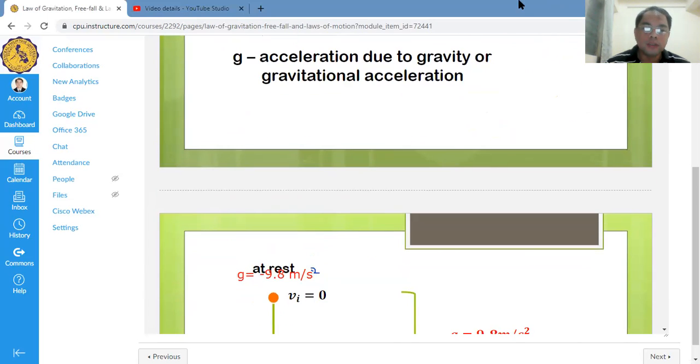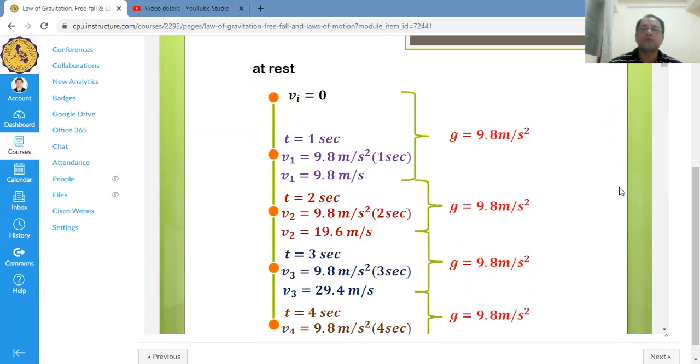I'm going to erase this so this will not disturb your view. Again, this value, acceleration due to gravity: if we hold, for example, an object at a certain height, of course, when you hold it, there's no velocity there. So we call the initial velocity v sub i zero, because it does not move.